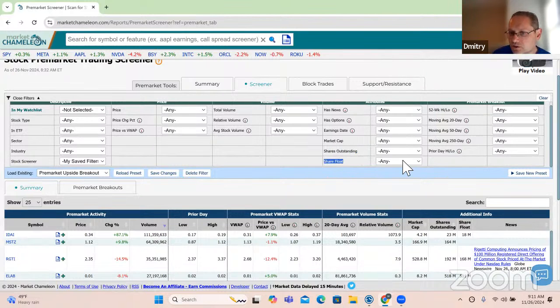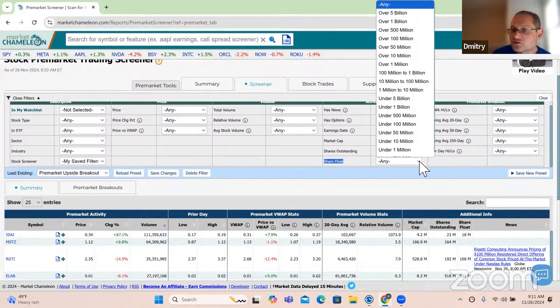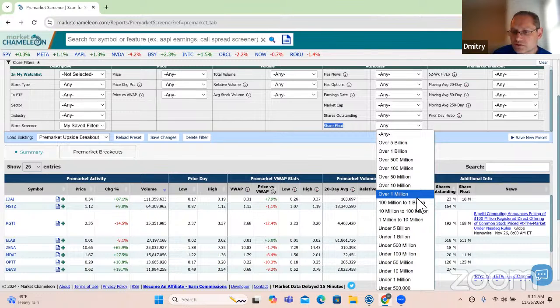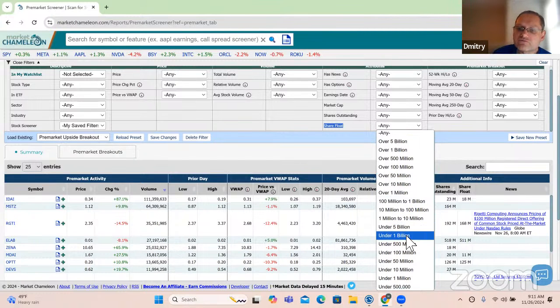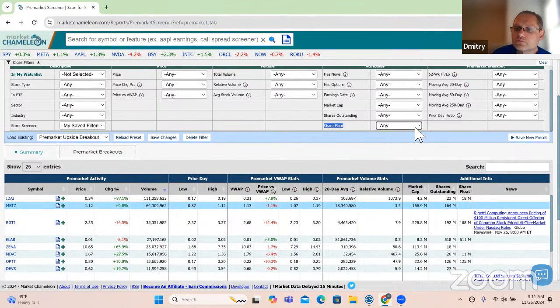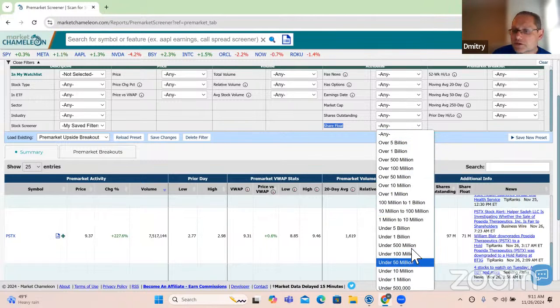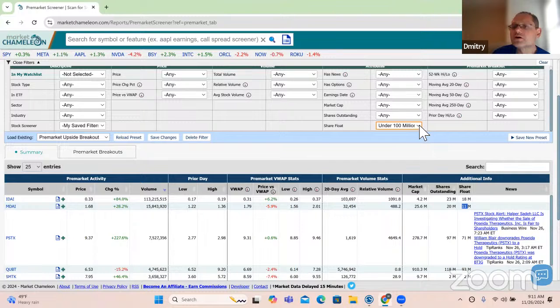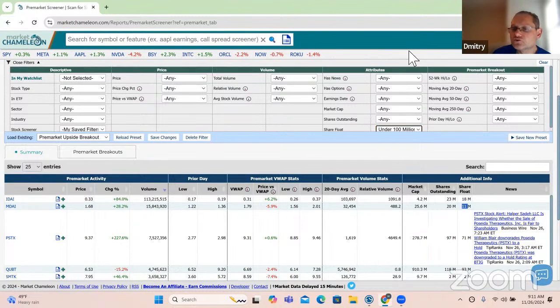This is the float. You could set these filters. For example, if there's very low float, let me see here, under 100 million, then it'll give you shares outstanding under 100 million or float under 100 million. So that's how you could use these filters.